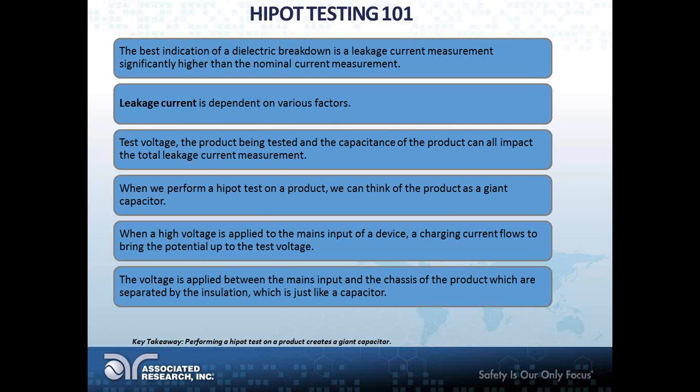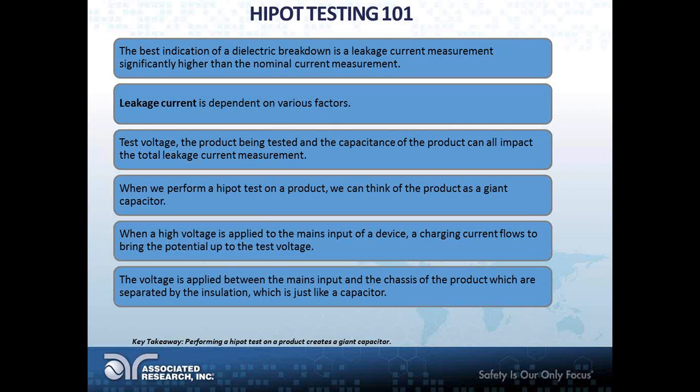When a Hipot test is performed on a product, we can actually think of the product under test as a giant capacitor, because essentially when a voltage is applied to the mains input of a device, a charging current flows to bring the potential up to that test voltage that we're trying to apply. Now this voltage is applied between the mains input and the chassis of the product, which are separated by the insulation of the product.